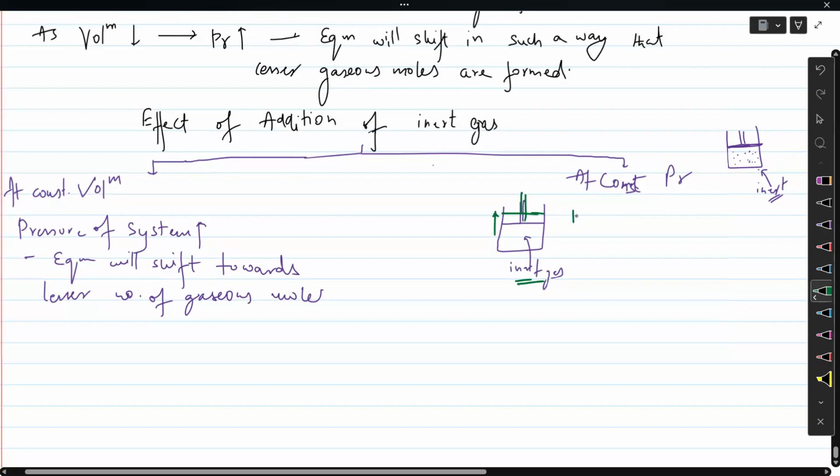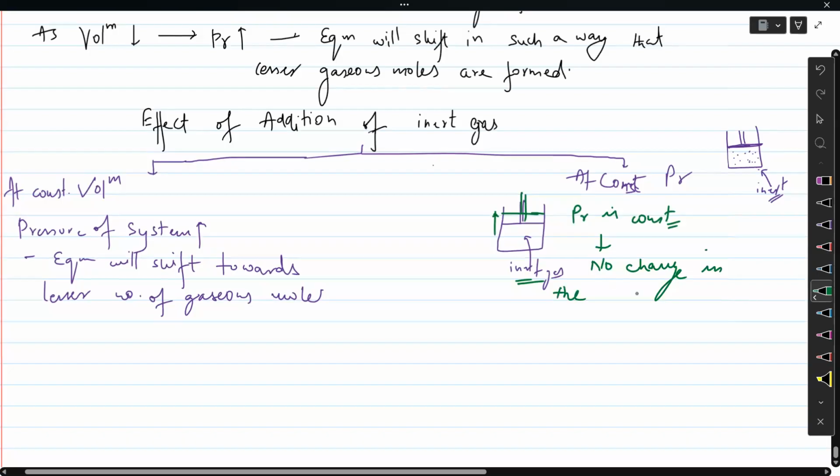So the pressure is not changing, the pressure is constant. So at constant pressure we will see no change in the state of equilibrium.